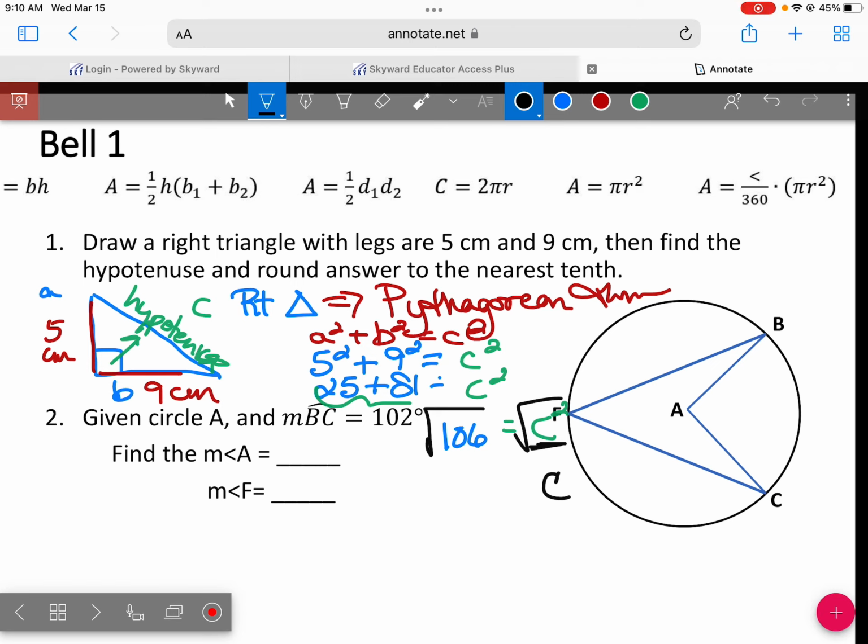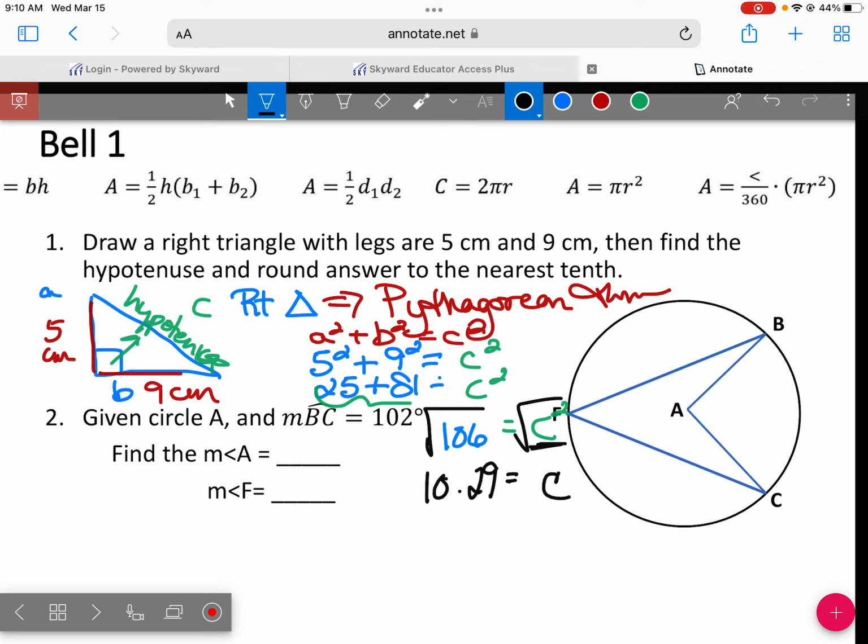In this case, it's just C. And the square root of 106 is 10 point something. 10.29.